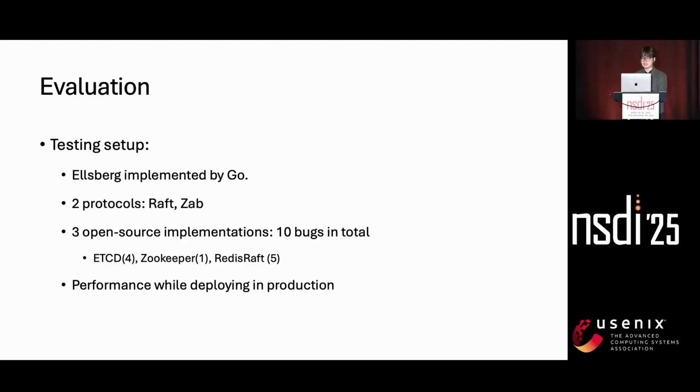We implemented Ellsberg in Go and evaluated it using 3 open source DPIs, SAD, Zookeeper, and Redis Raft, where we reproduce and successfully detect 10 bugs in total. Here, we present the performance of Ellsberg while deploying in production, since we aim to run Ellsberg together with the system process at runtime.